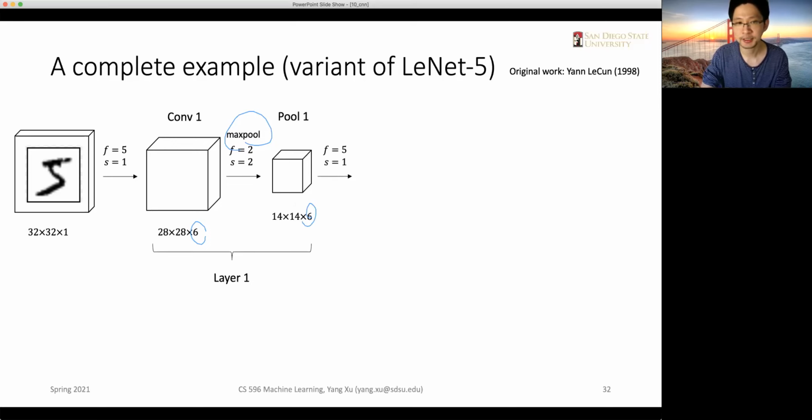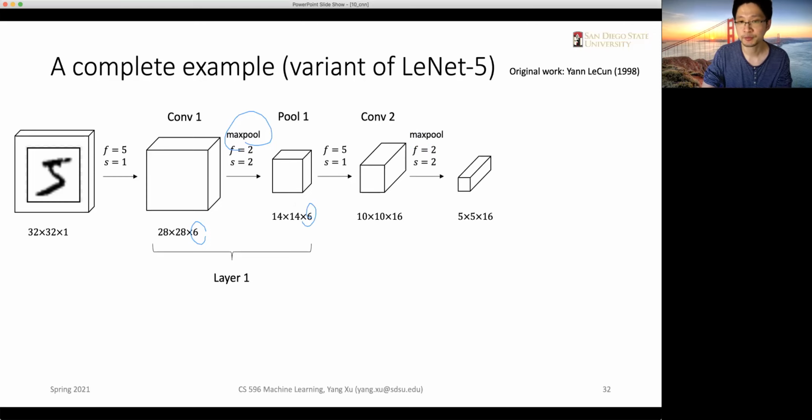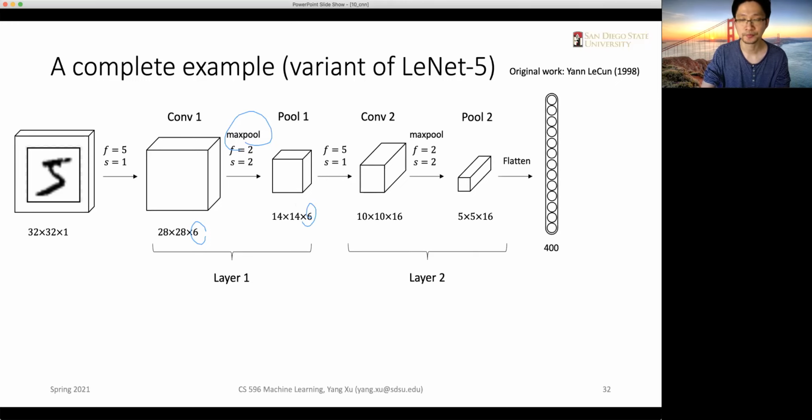Then we apply a convolutional filter to further reduce it to 10 by 10 by 16. That's our Conv2, followed by another max pool, which makes it even smaller, 5 by 5 by 16, and that's our layer 2. At this point we have a pretty small representation, because 5 times 5 times 16 is just 400 units.